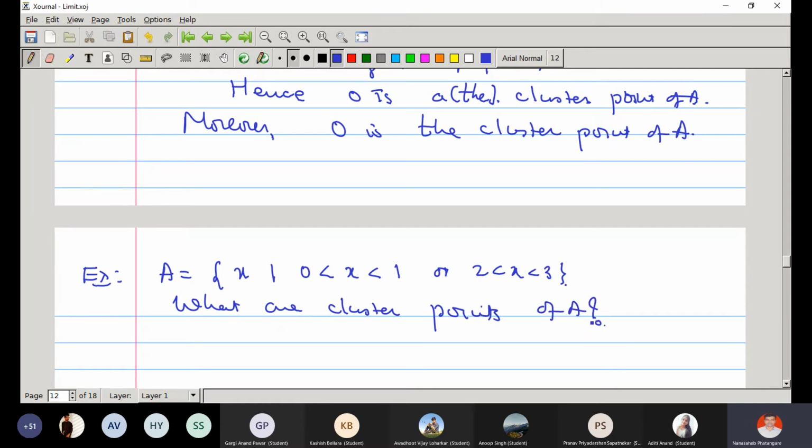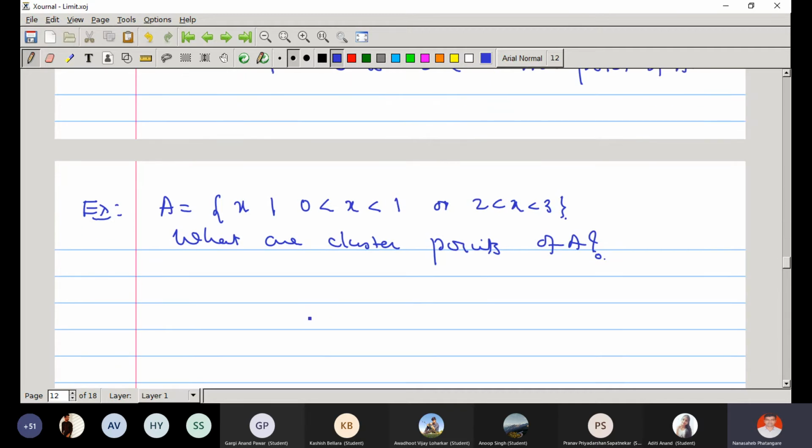Now you just think over it. That is an exercise. And then a very basic question: why are we talking about cluster points?